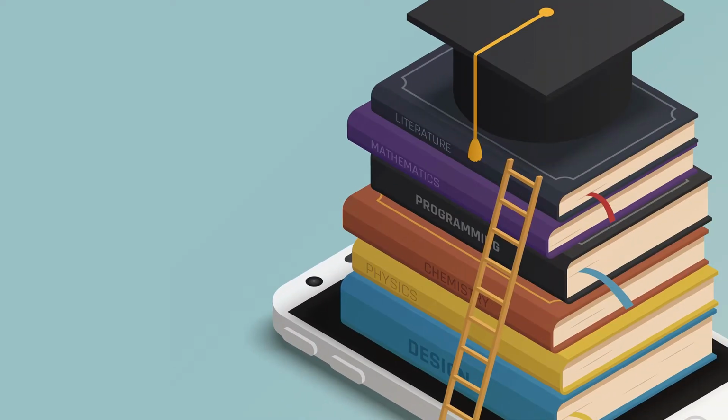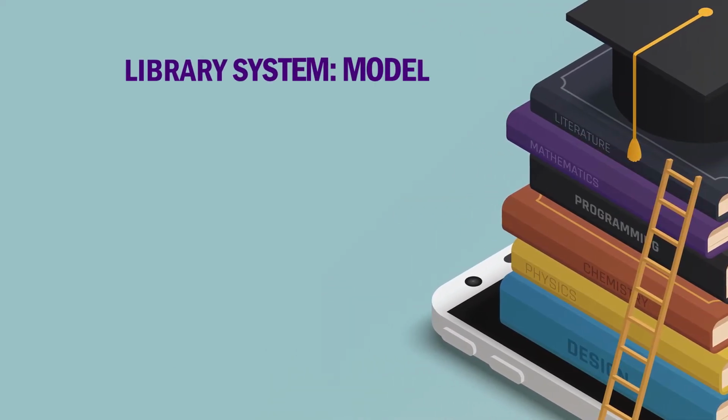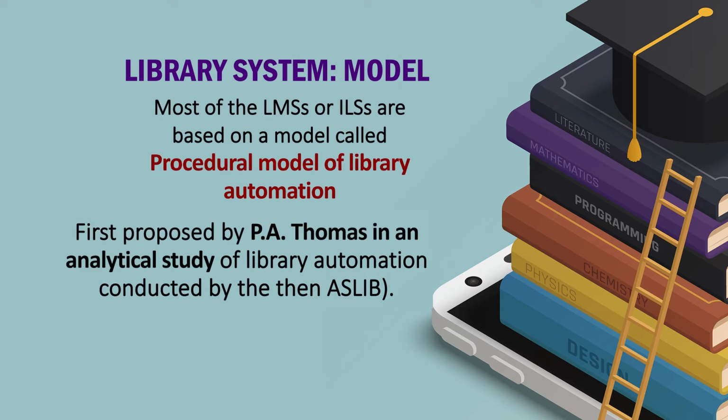Now towards the model, this procedural model of library automation was first proposed by P.A. Thomas in 1984 for a project of ASLIB. ASLIB you all know. So that particular organization gave P.A. Thomas a project to study different types of libraries and come up with a core model of library workflow.